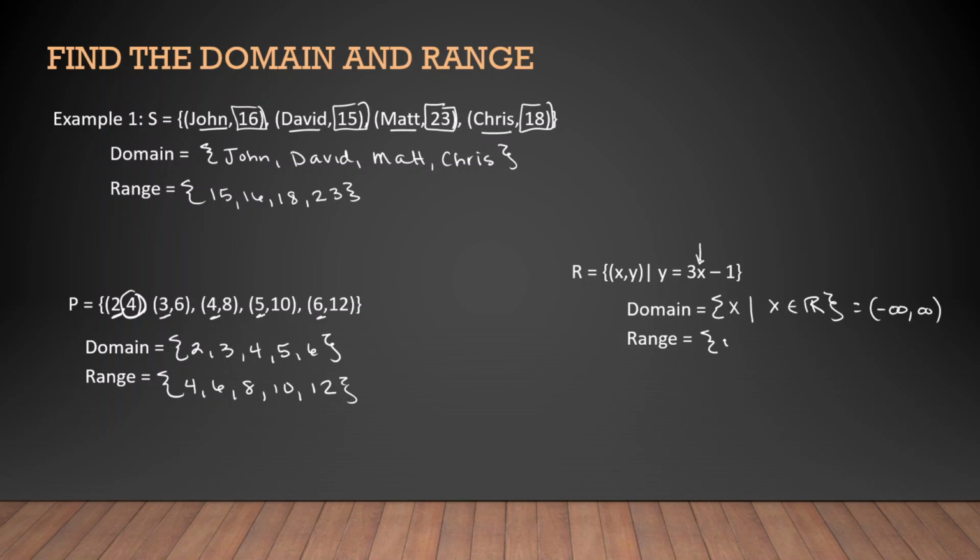The range then is my Y, or my output. Now, if I take any X, multiply it by 3 and subtract 1, Y is also going to be an element of the real numbers. Y is tied to X, but if I were able to sit here and list all of them, the list would contain every single real number.